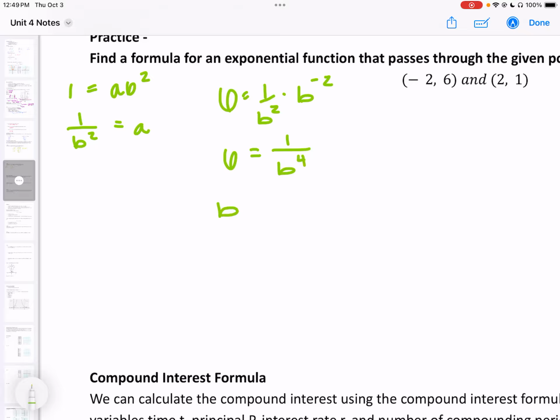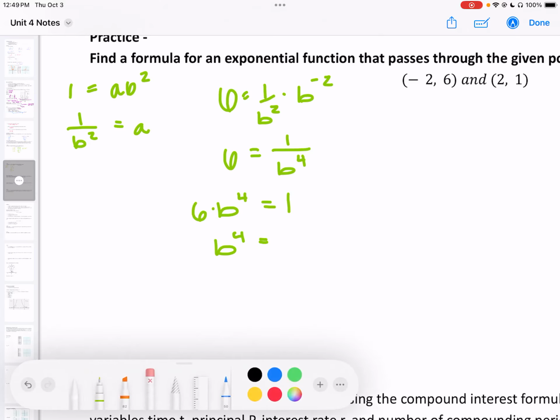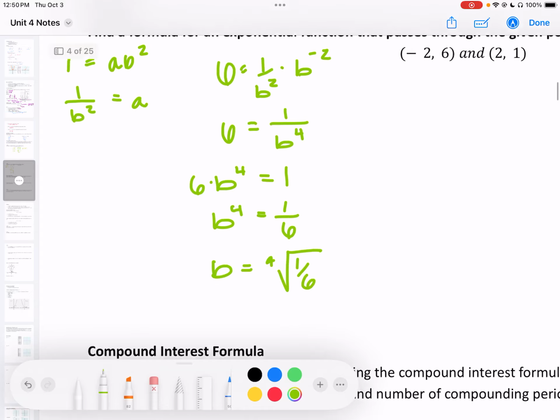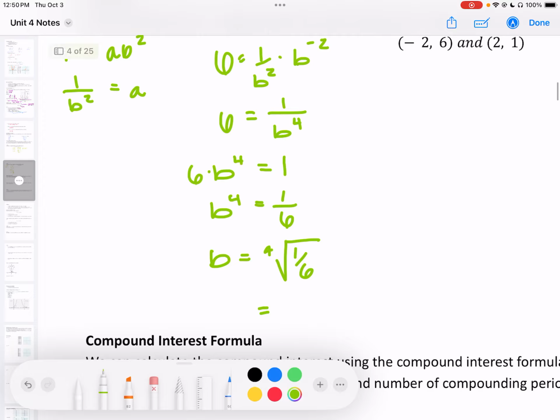So I'm going to have b to the 4th times 6 equals 1, or b to the 4th equals 1 over 6. Then I need to take the 4th root of 1 over 6, which will be a gnarly decimal, and that is totally fine.